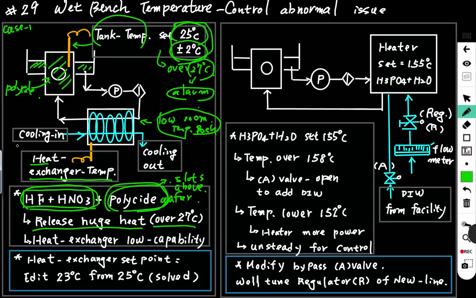The cooling water in and cooling the chemical circular line, and then the cooling water out. Just so easy. And the heat exchanger temperature, of course, is set at 25 degrees as our target.